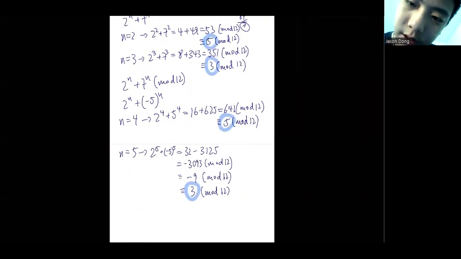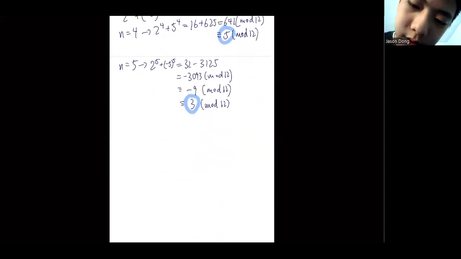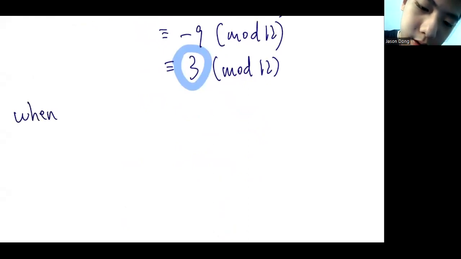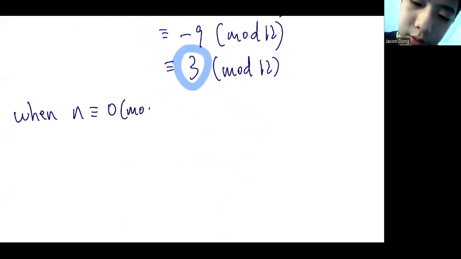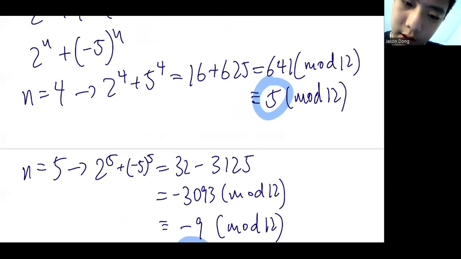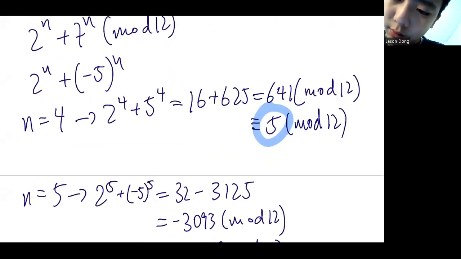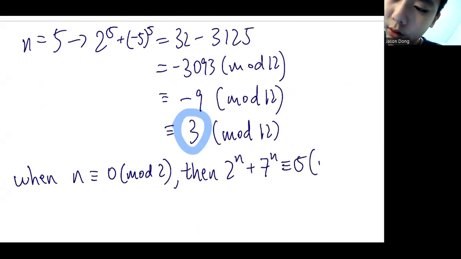I'll erase my calculations. So clearly there's a pattern that when n is even, when n is congruent to 0 mod 2, any value 2^n plus 7^n is congruent to 5 mod 12.